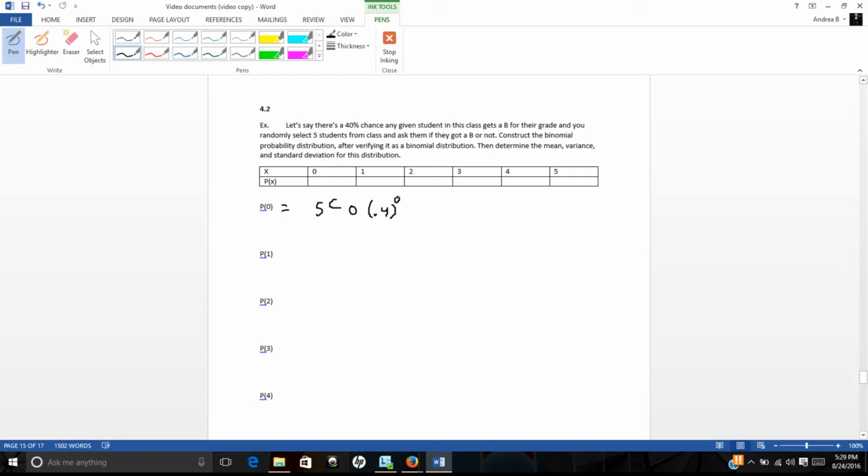In this case, there are no successes, so we'd have 0 for the exponent, times, and then we get 0.6 to the 5th power. Remember, for your failure, probability of failure, since our probability of success P is 0.4, probability of failure, which is denoted as Q in your book, is 1 minus P, which is how we got the 0.6.